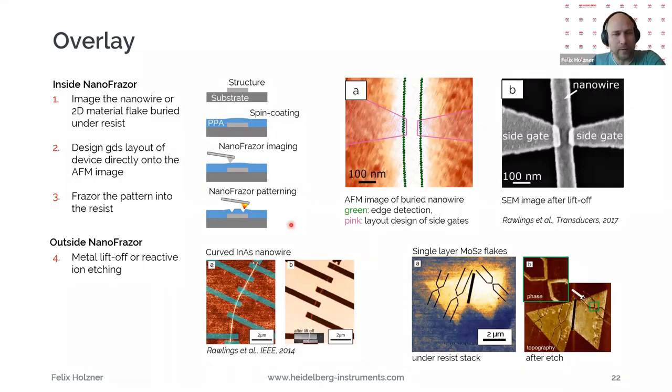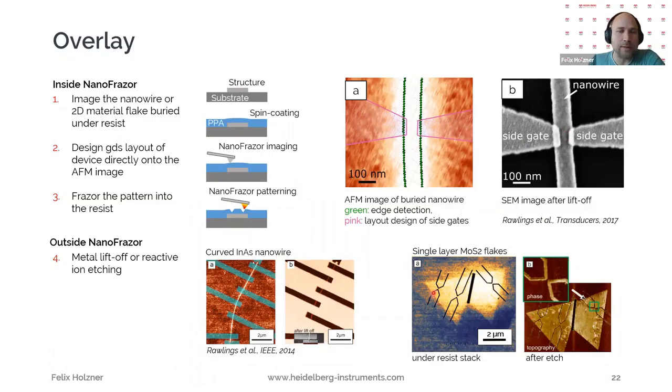We do that for high resolution or high accurate overlay. We do it differently. You can actually image the structure which is buried under resist. You can detect it, and then you draw on your AFM image. You can draw the structures you want to write, like these side gates here on these nanowires.